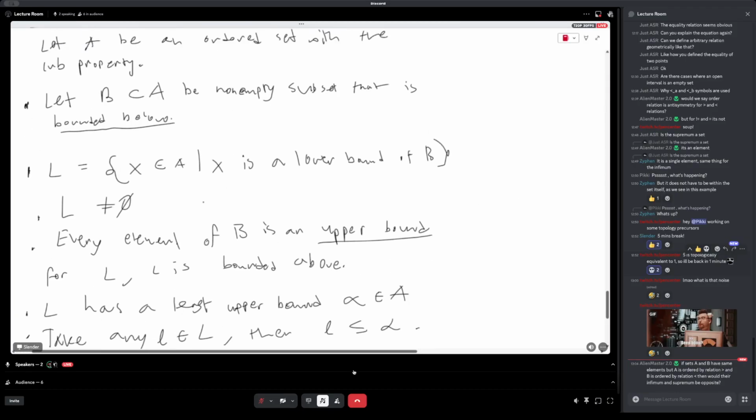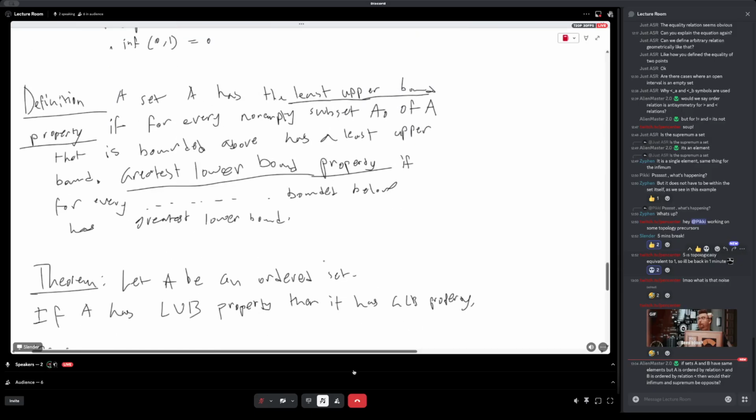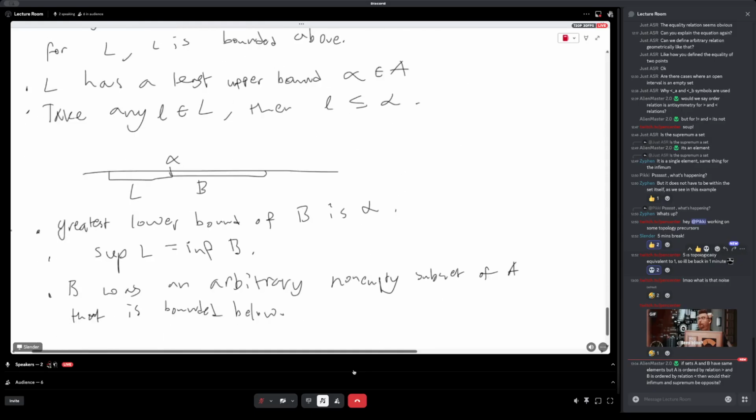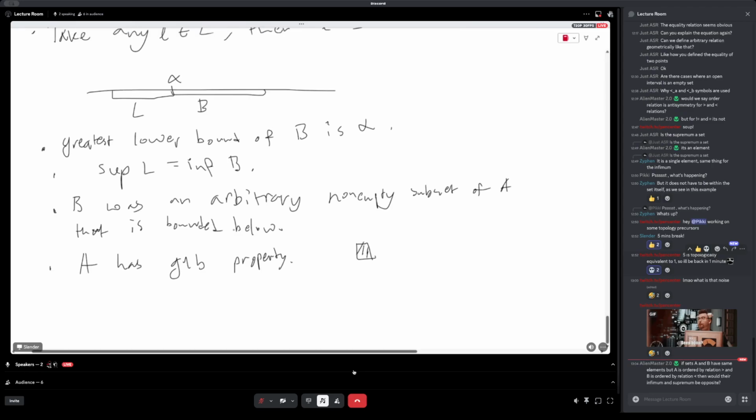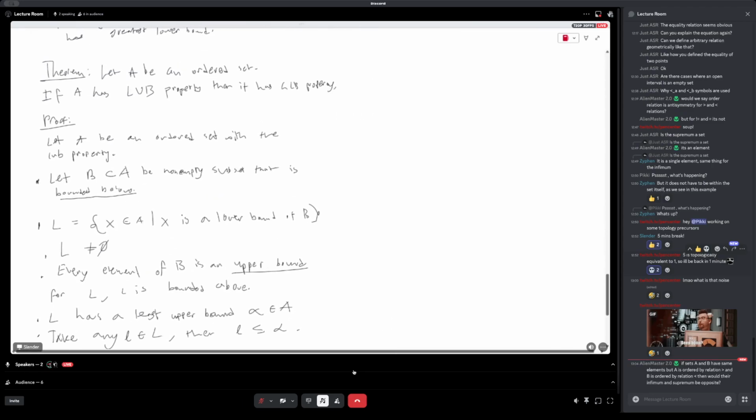Doesn't this look like the definition of the greatest lower bound property? So then A has the greatest lower bound property. And then we are done with the proof. So a pretty neat proof.